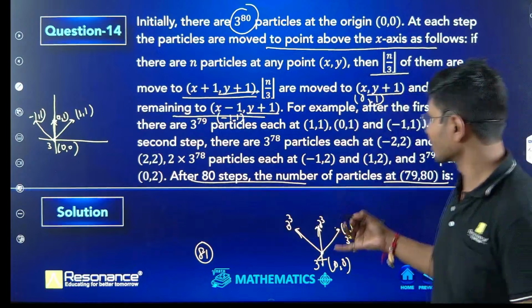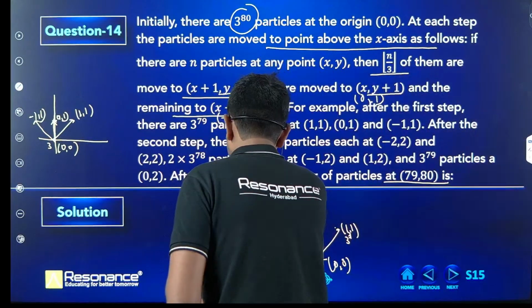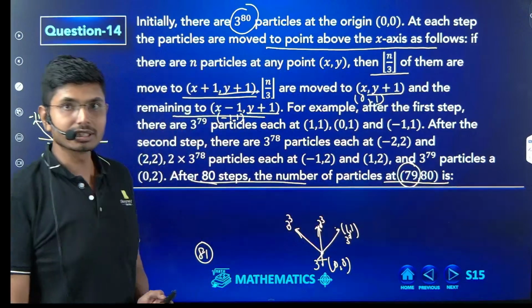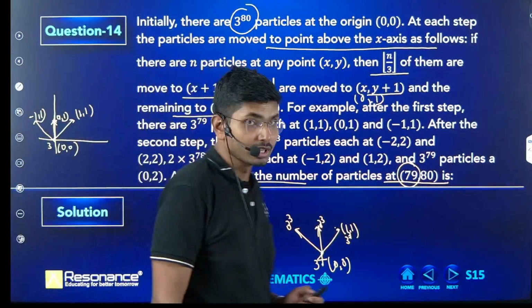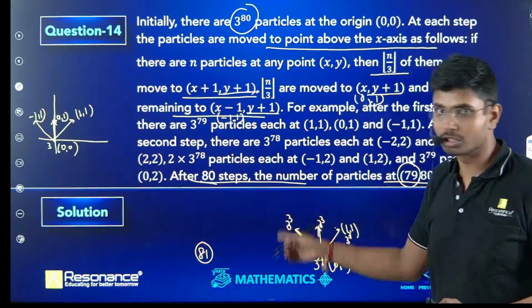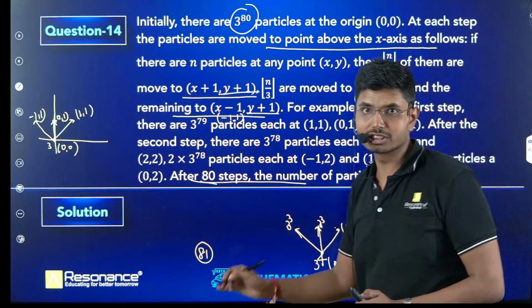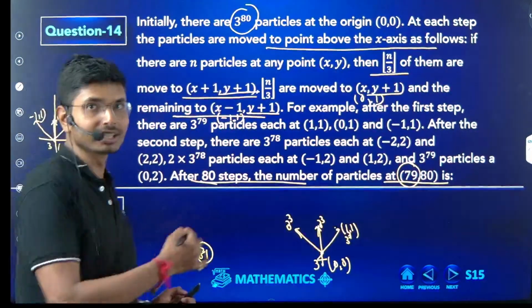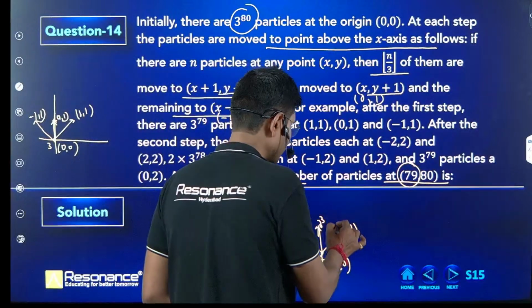After 80 steps, they are saying this will come at 79. This is possible only when one time they move constant, meaning x will not change, and the remaining time they always move forward, meaning rightward, one coordinate each time.